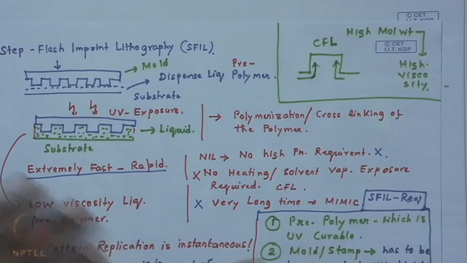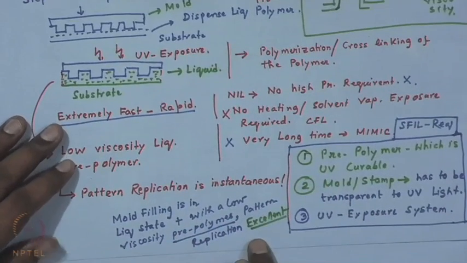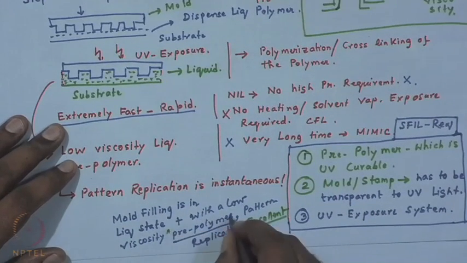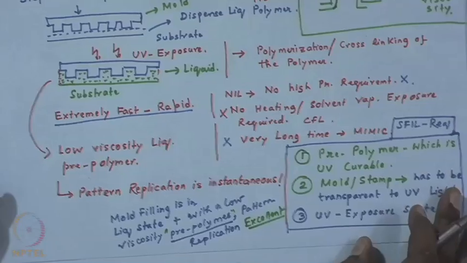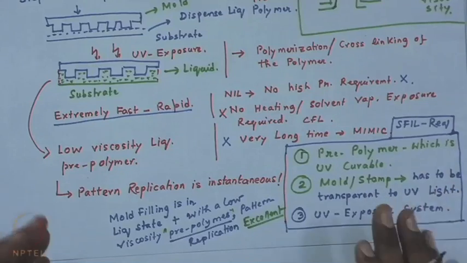In contrast, in SFIL you are working with a pre-polymer. So, the material has not yet polymerized, the chains have not cross-linked, they are sort of free flowing liquid like, and in many cases the polymers you work with for SFIL are more in a state like simple water.